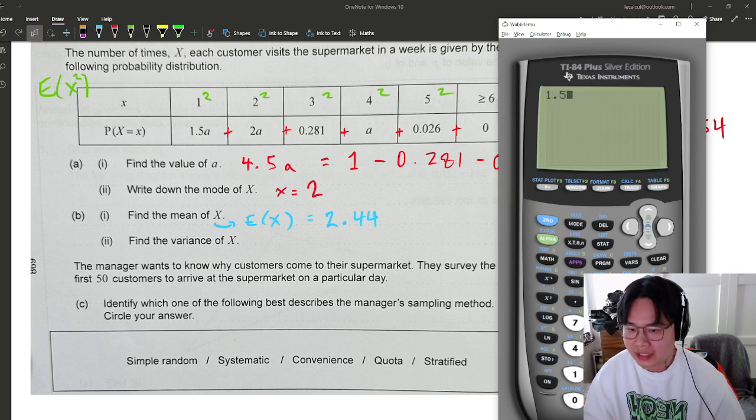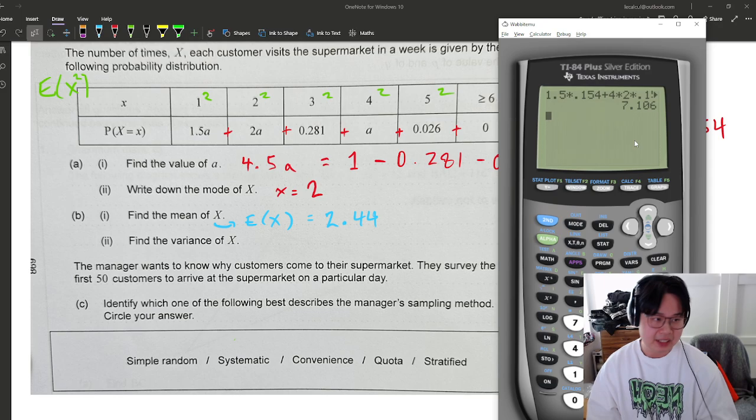Okay, 1.5 times 0.154 plus 4 times 2 times 0.154 plus 9 times 0.281 plus 16 times 0.154 plus 25 times 0.026.